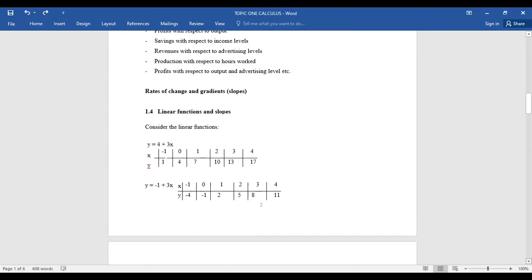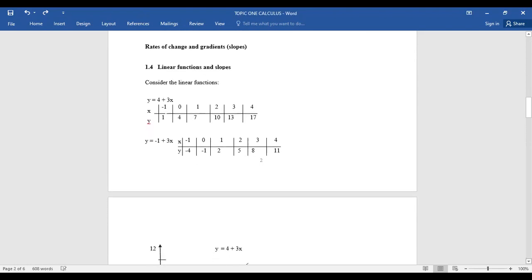And when we are talking of the rate of change, let's say I have two functions here, two equations, y = 4 + 3x, and I want to draw that line from -1 to 4. So if I replace my x with -1, I'll get 1. I replace it with 0, I get 4. I replace it with 1, I'll get 7.